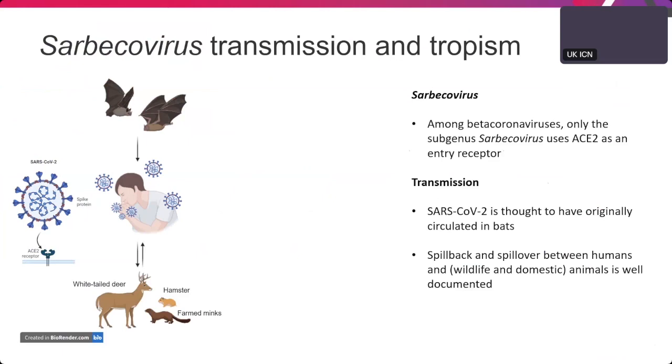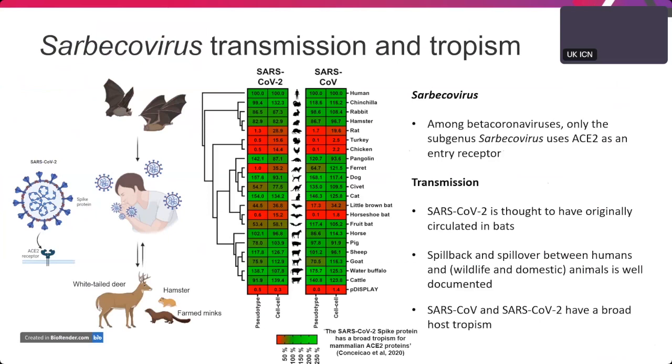Going further, spillback transmission from humans to wildlife and domestic animals is also a major concern. This heat map illustrates the receptor usage profile of SARS-CoV-2 and SARS-CoV. As you can see, both of these viruses have a broad host tropism, and hence there is a high possibility of spillover from humans to broader animal species besides the reported cases.